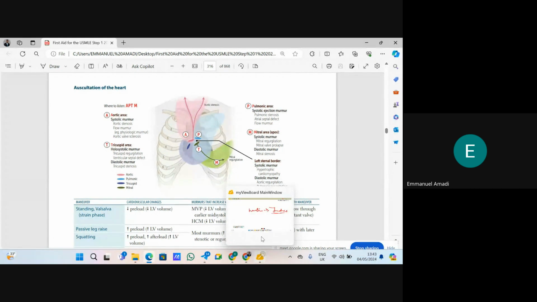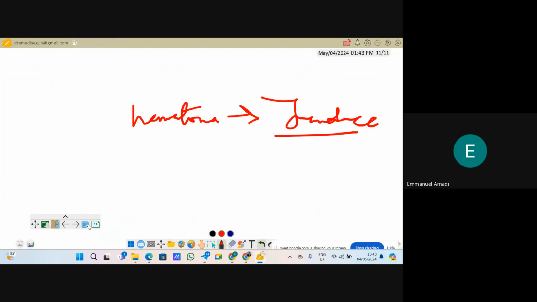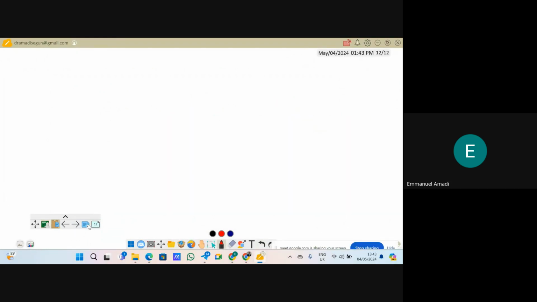Now, I like using the whiteboard a whole lot and using less of the literature. The literature is like a guide. What I want you to understand is that there are 5 murmur areas in your body, and you definitely have to be conversant with them. If they tell you to do a cardiac examination and chest auscultation, you're not just putting the stethoscope blindly on the patient's chest.